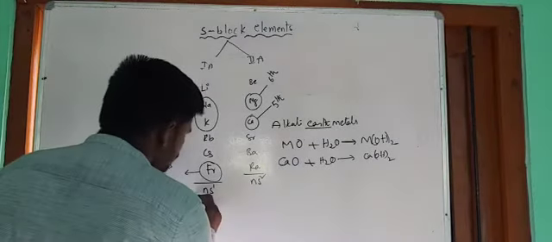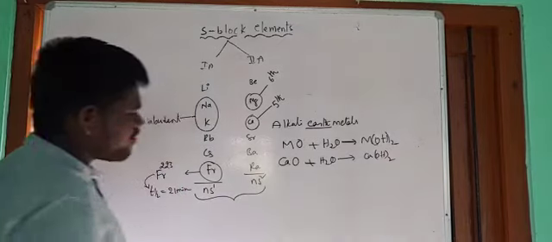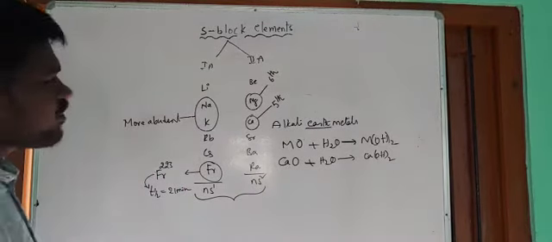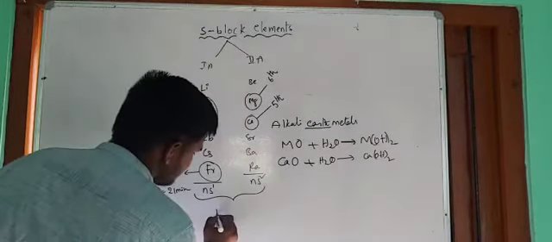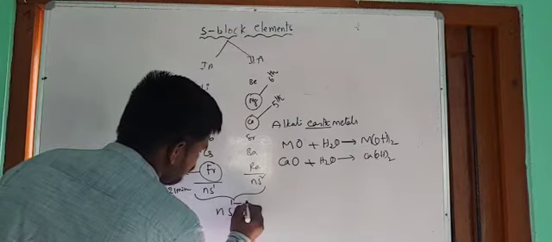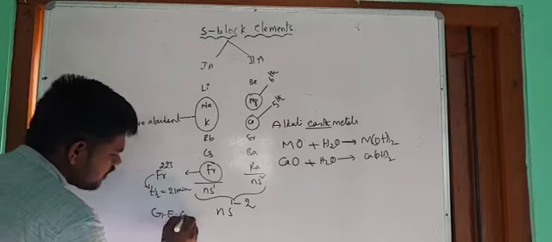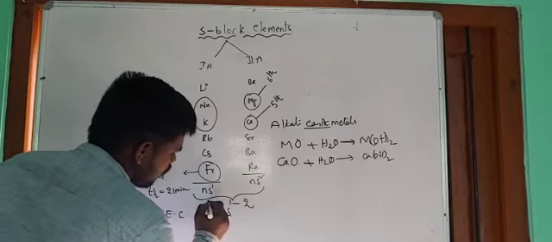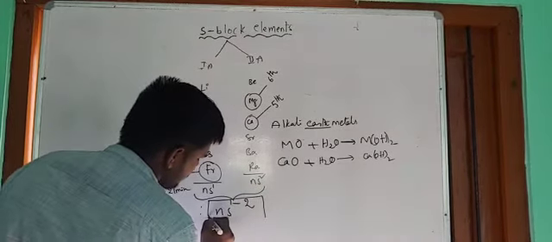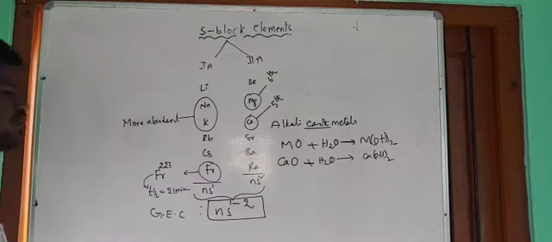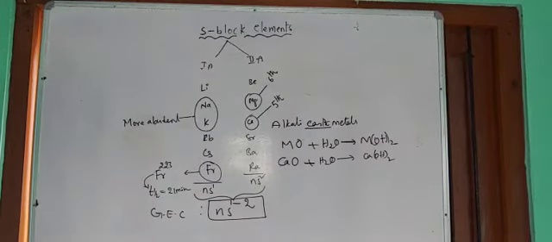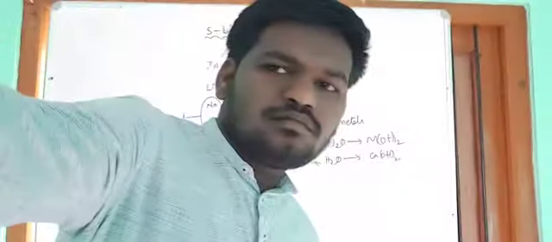So now from these two we can write the general electronic configuration for the s block like this, ns1 to 2. So this is the general electronic configuration for the s block, ns1 to 2. Right?